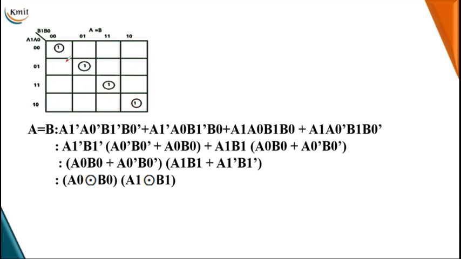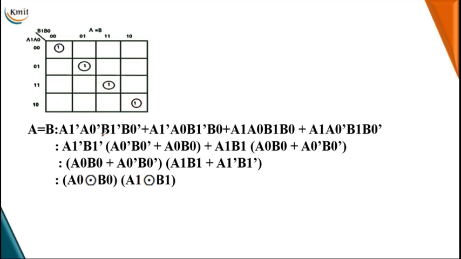Upon mapping 0, 5, 10, 15, these are all arranged diagonally. So there were no minterms to pair with, or no adjacency.